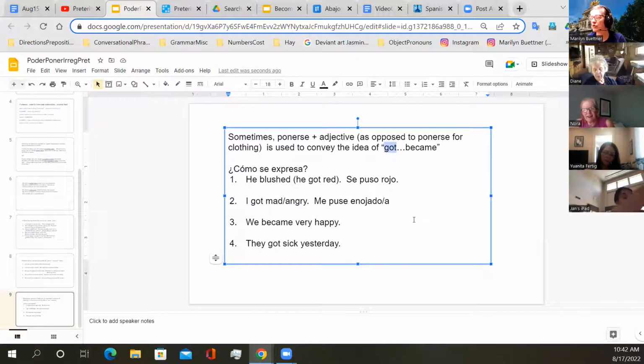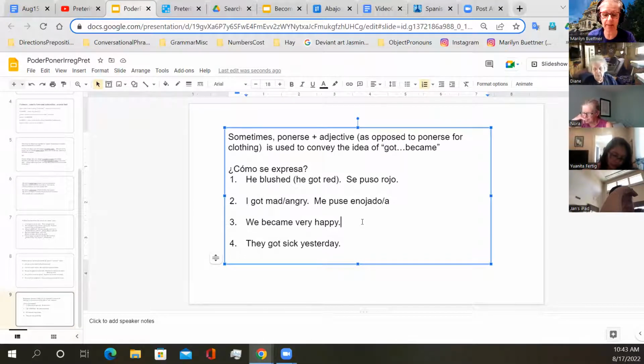And Spanish uses many, many different words, probably six or seven, depending on the context in which got is being used. But this is indicating an emotional or physical response, but in the past.